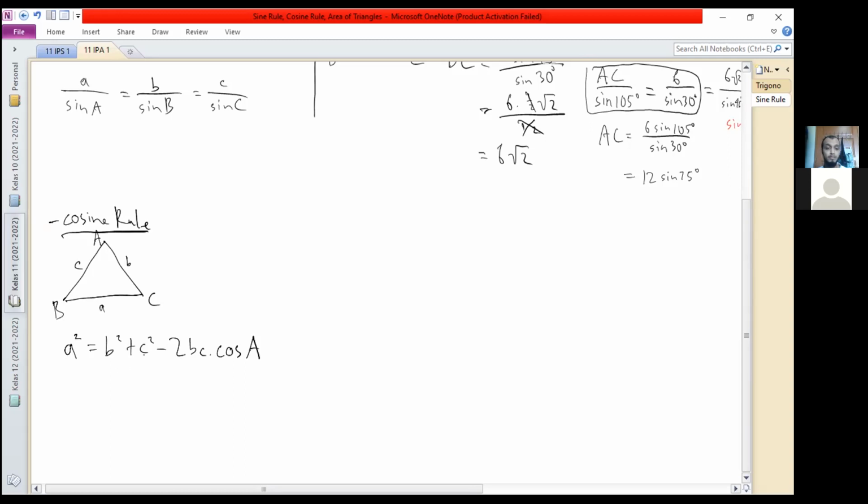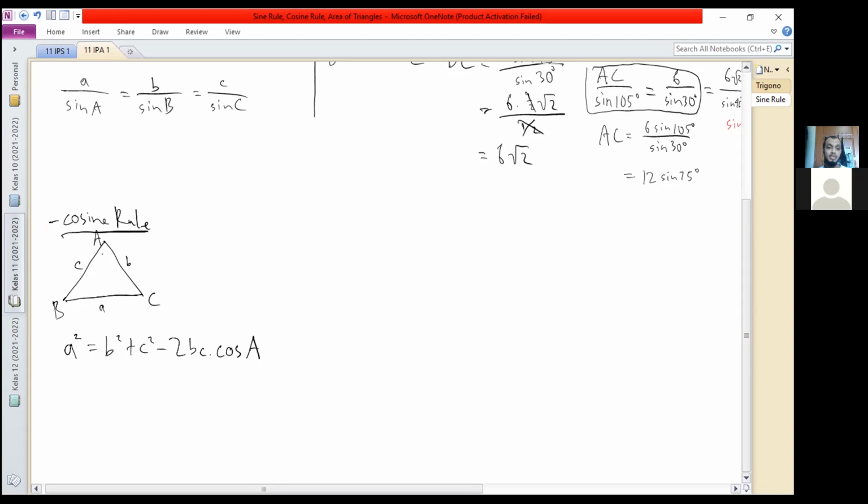The difference is in the cosine rule we have negative 2bc cos A. If the triangle is a right triangle, with this angle being a right angle, then we can just say that a squared equals b squared plus c squared.